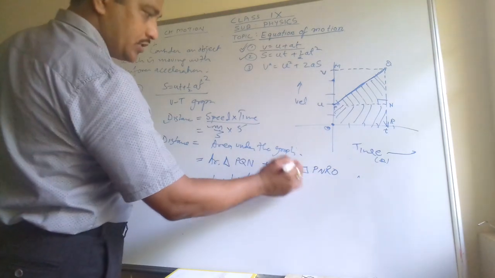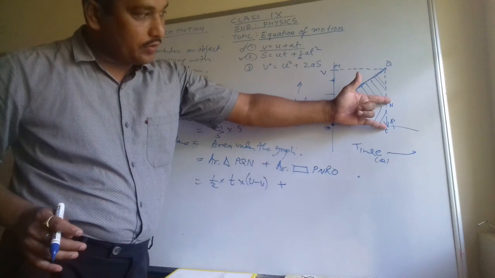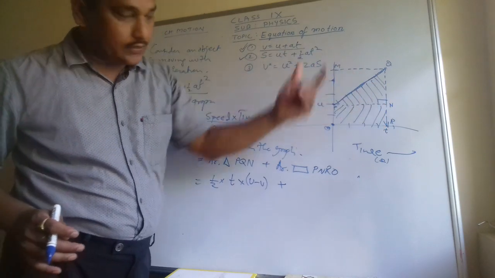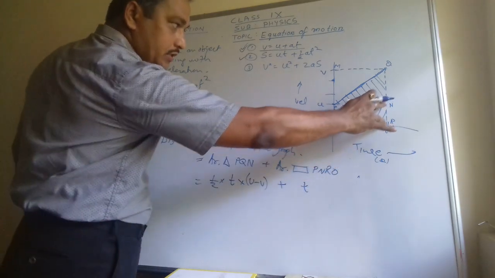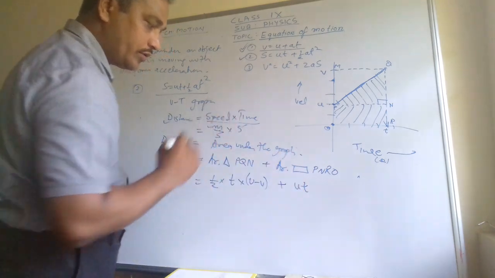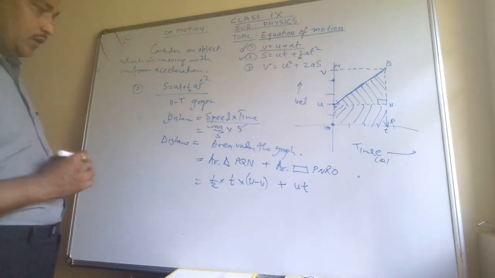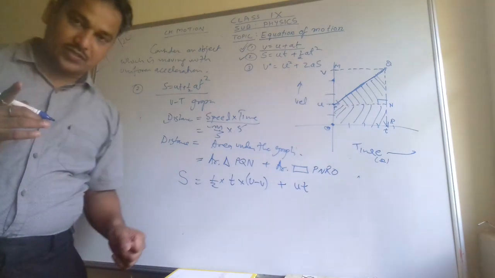Now let us see, the area of this rectangle will be equal to this breadth and length. We will multiply this. How much will be this length? Time, and this is U, because from here to this is U. So U into T you can say. Okay. Now this is the distance. Which variable we are using for the distance? S. Keep this in your mind.